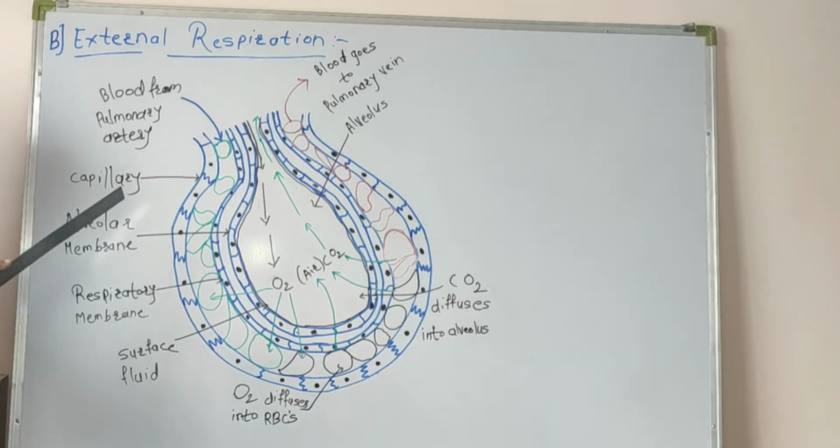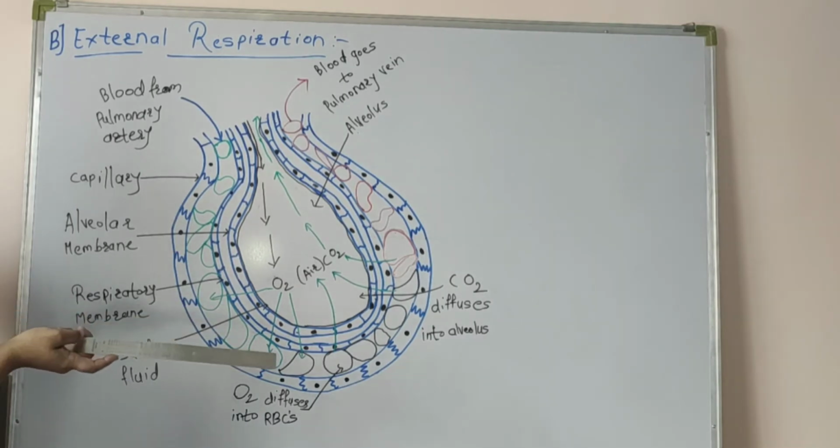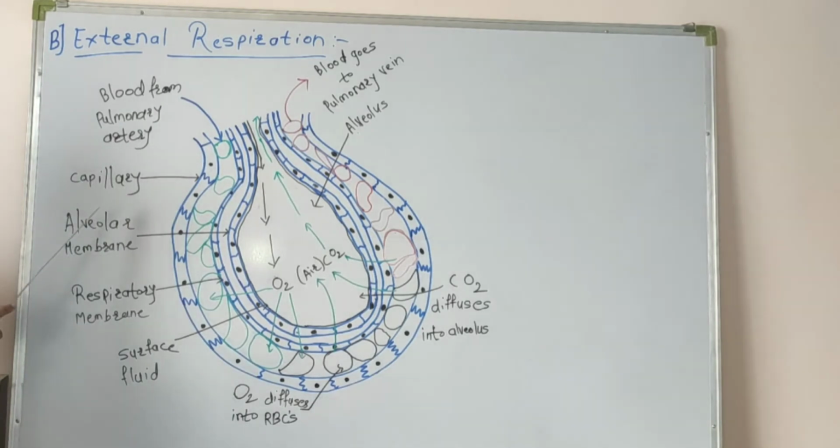That's why oxygen always diffuses from the alveoli to the capillaries.